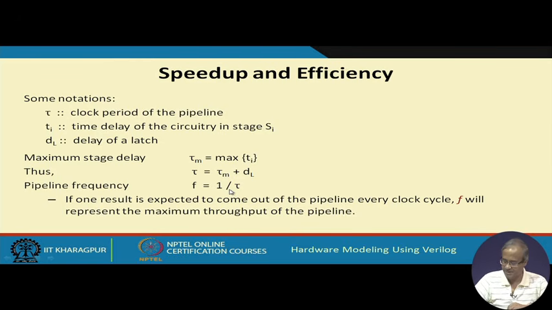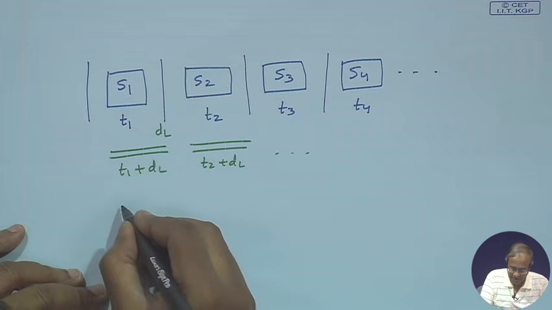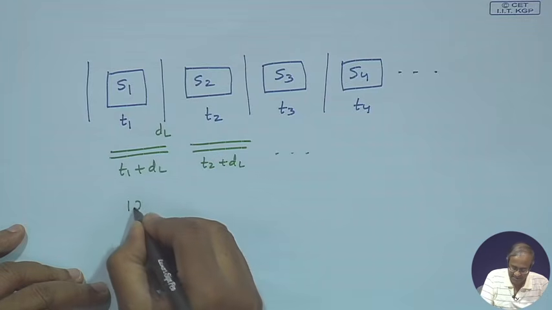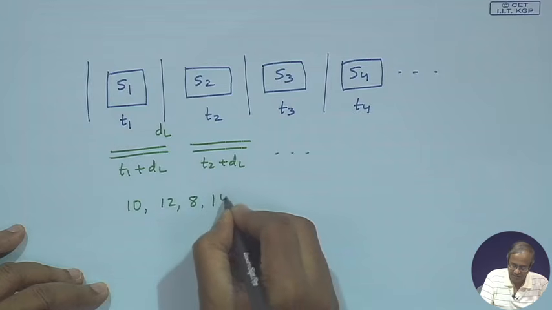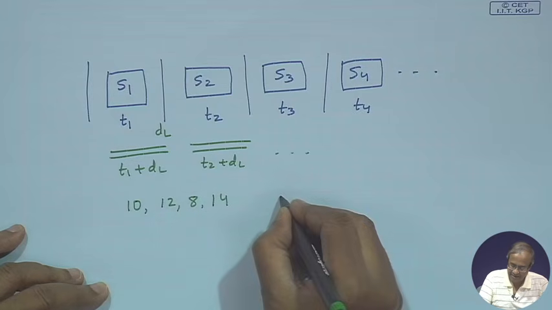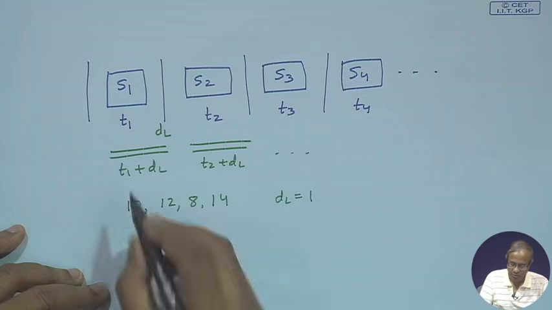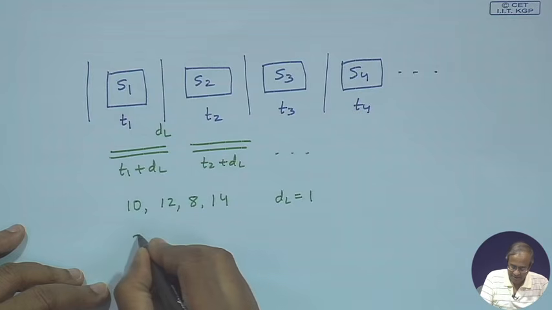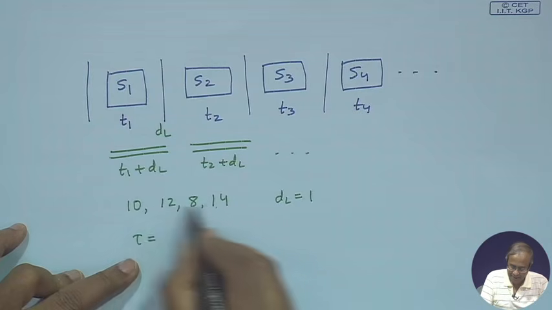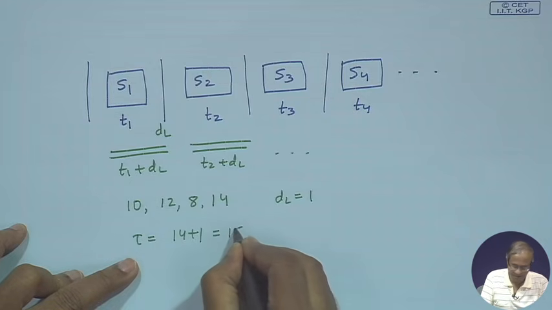Let us take an example. Suppose I have a pipeline with 4 stages where the stage delays are 10 nanoseconds, 12 nanoseconds, 8 nanoseconds and 14 nanoseconds, and the latch delay is 1 nanosecond. So, what will be the maximum clock frequency? Here my tau will be the max of the delays, which is 14, plus the latch delay, so 15.